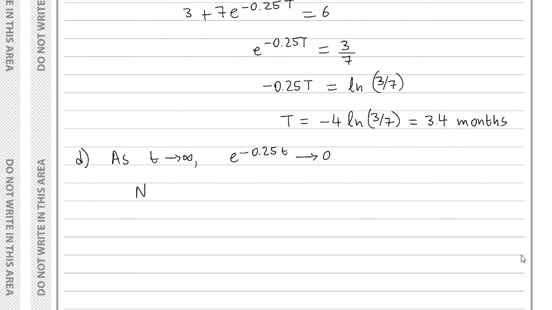So n is going towards 900 over 3, which is 300. Therefore, capital P is 300. That's the limiting population for this particular model. So this is what we get here.